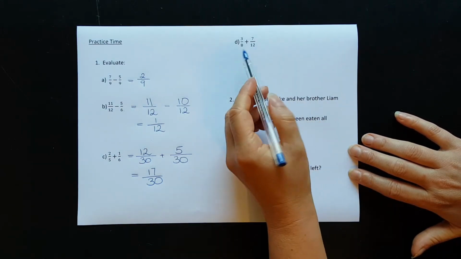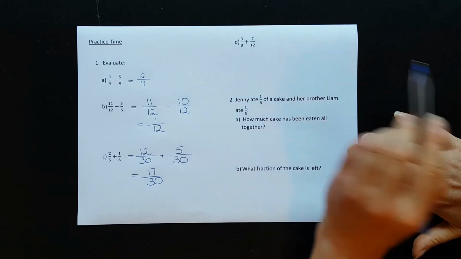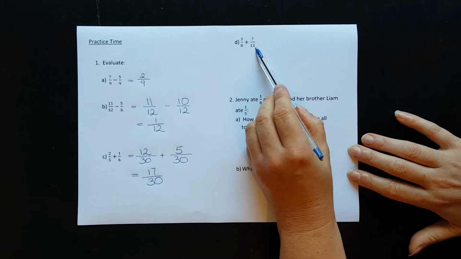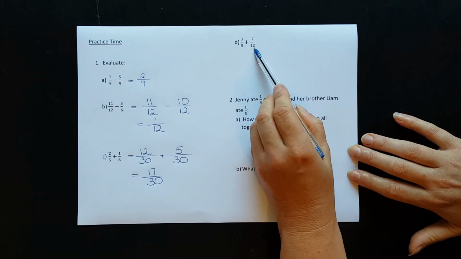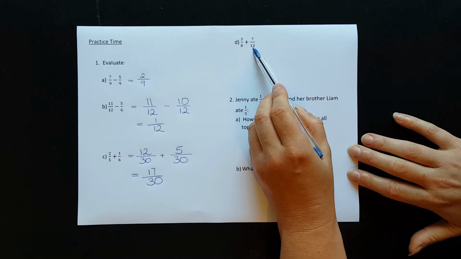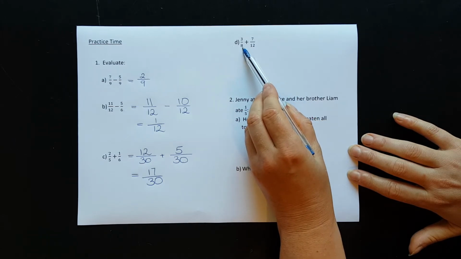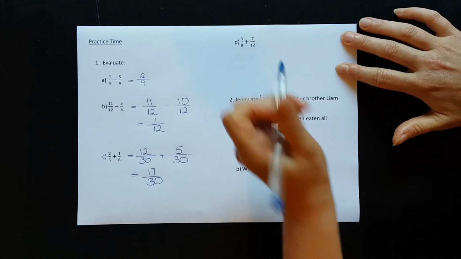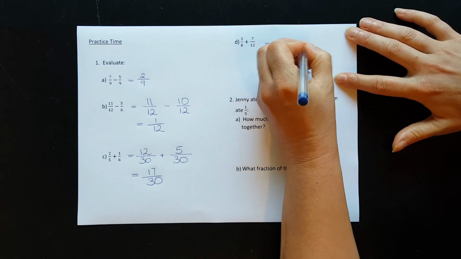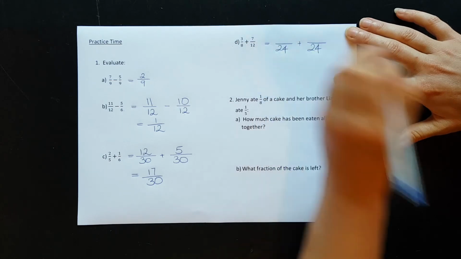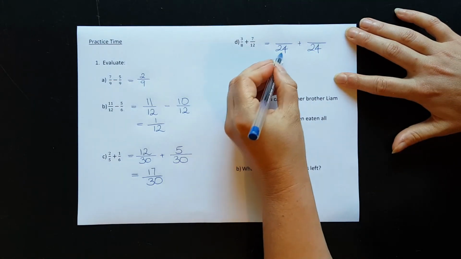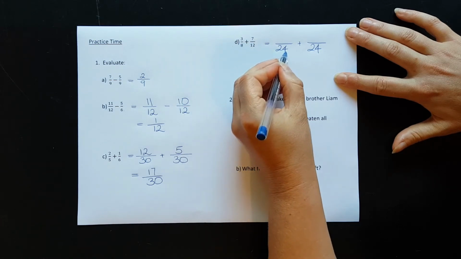And D, 3 over 8 plus 7 over 12. Looking for a common denominator. Let's look at our 12 times tables. 12 times 1 is 12. That's not going to work for 8. 12 times 2 is 24. 24 is also in the 8 times table. So 24 will be my lowest common denominator. So 8 is multiplied by 3 to give 24.